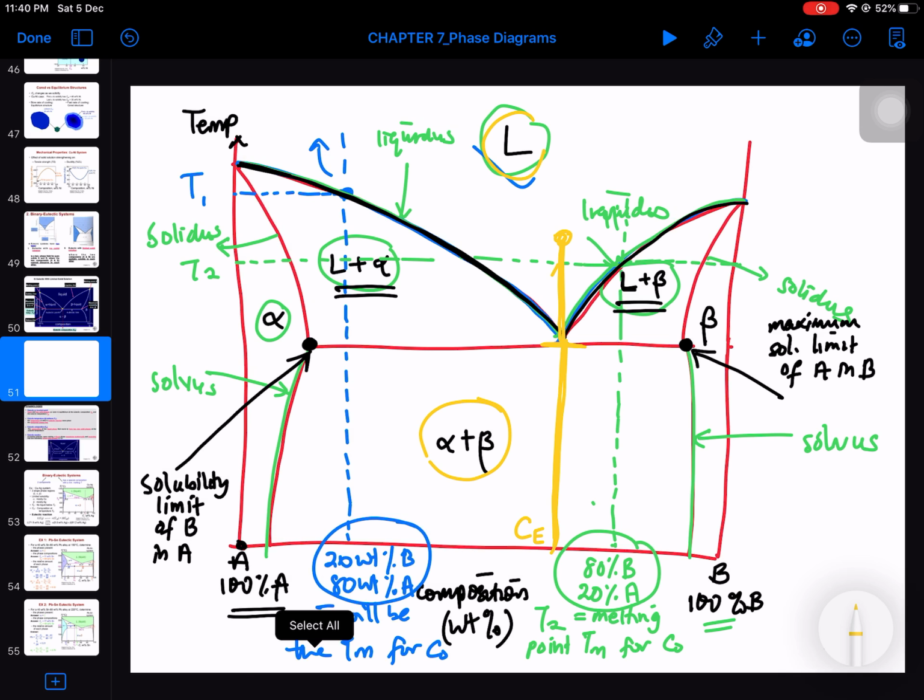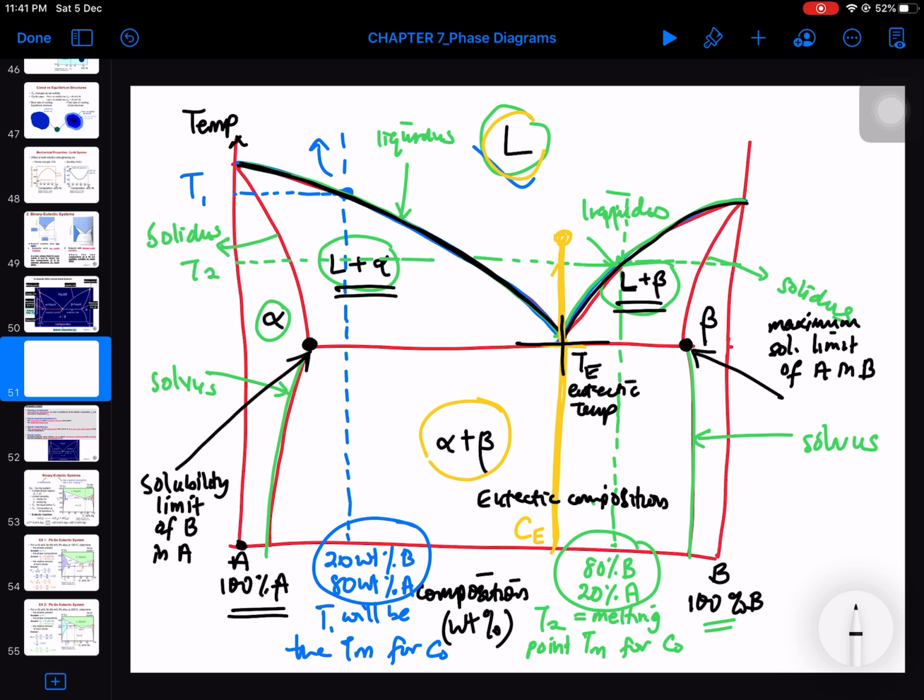This kind of composition is what we call the eutectic composition. The temperature at which it crosses from the liquid to all solid is known as TE, the eutectic temperature.